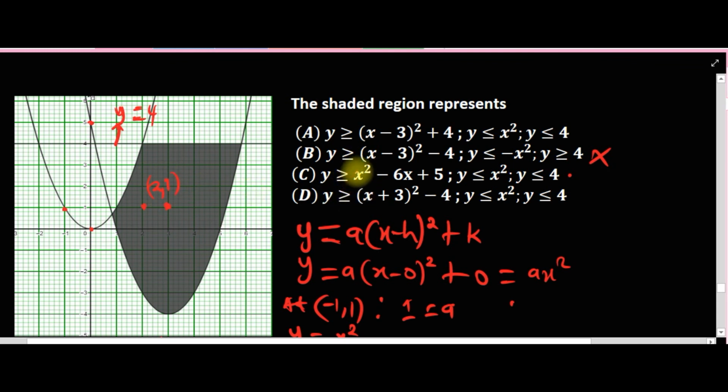So x is 2, y is 1. Then 2 squared is 4, 4 minus 12 is minus 8, minus 8 plus 5 is minus 3. And 1 is greater than minus 3. So that's the answer.